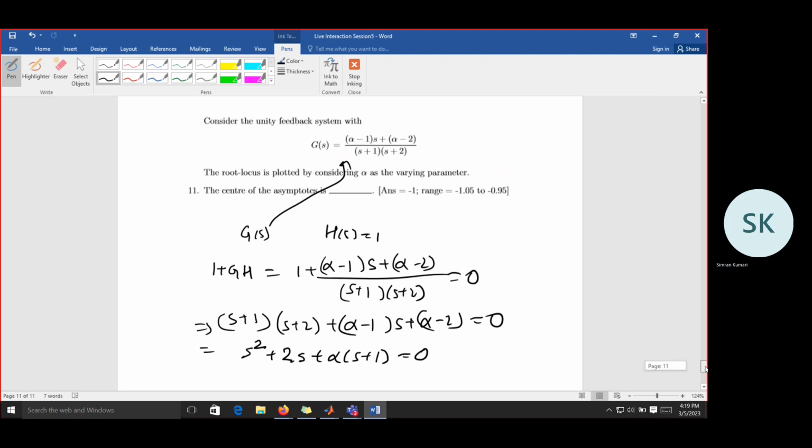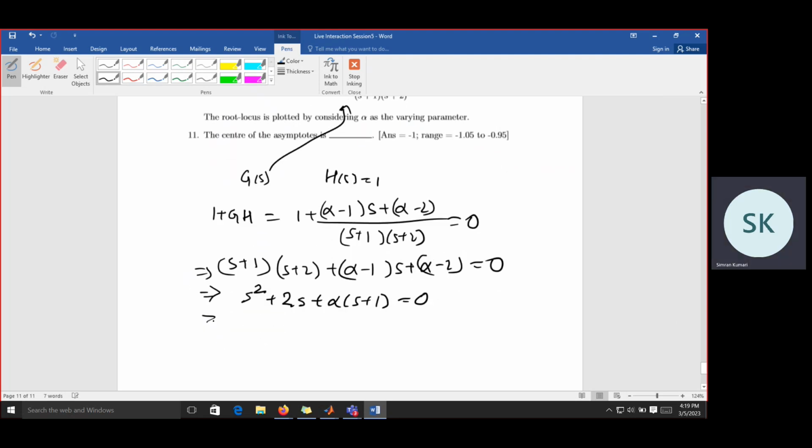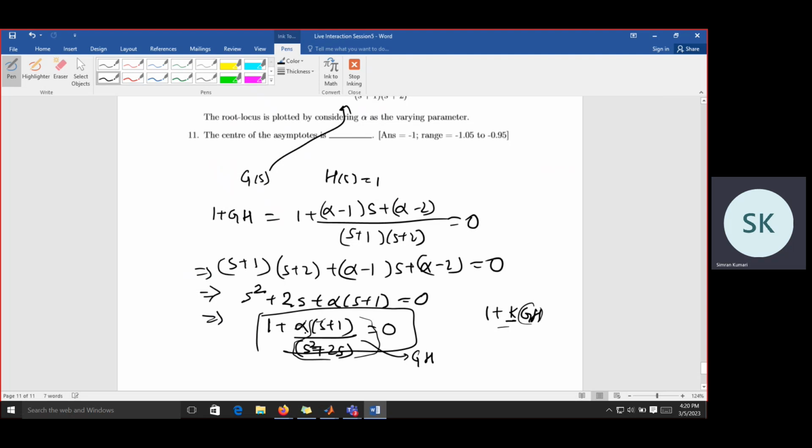So we can write this also as 1 plus alpha (s plus 1) by (s squared plus 2s) equal to 0. This is in the form 1 plus kG, where k is outside of this equation and G is this one. So considering that this is the GH, in place of k we have alpha.